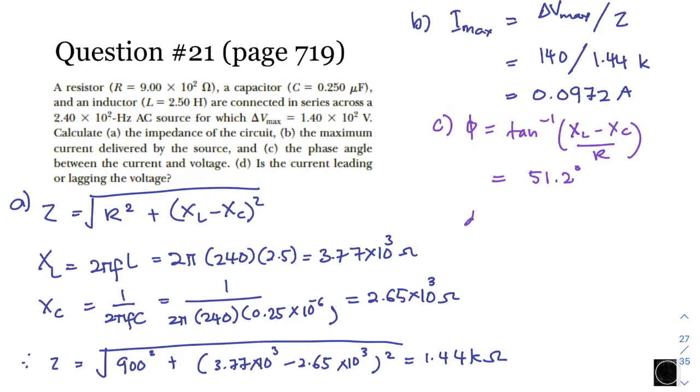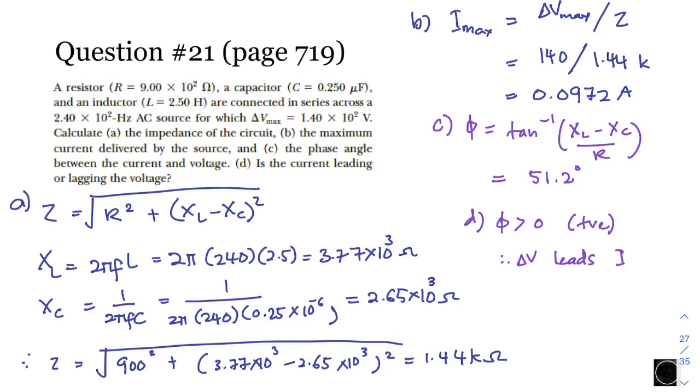This is a very important question. For part D, you need to check your phi. Your phi is bigger than 0, it's positive. Therefore, the voltage, the delta V, leads the current.